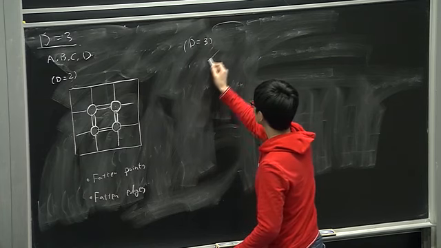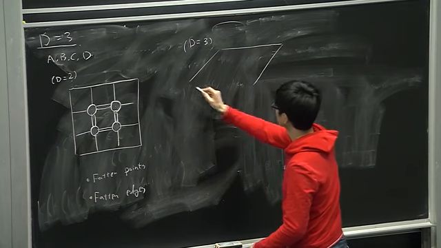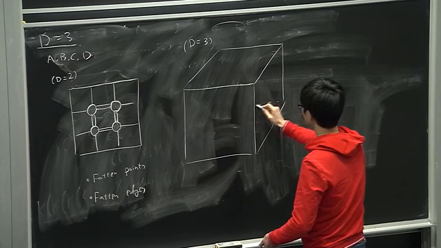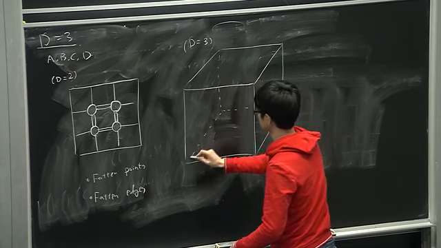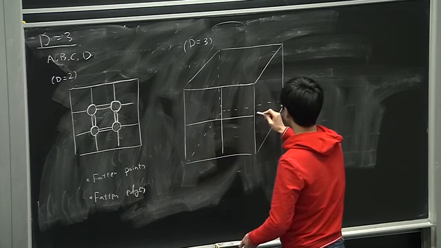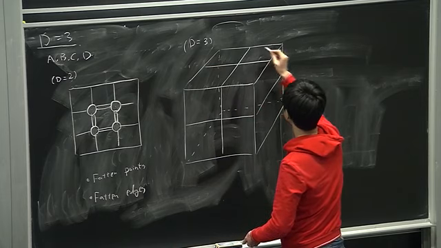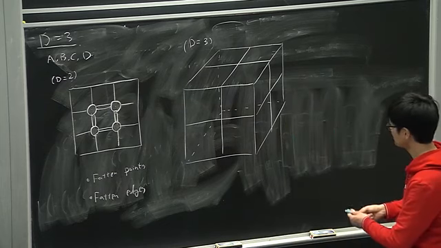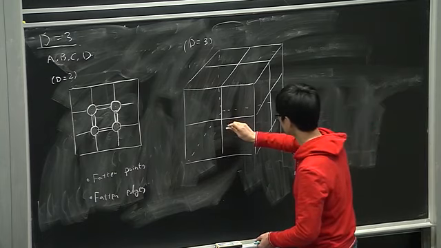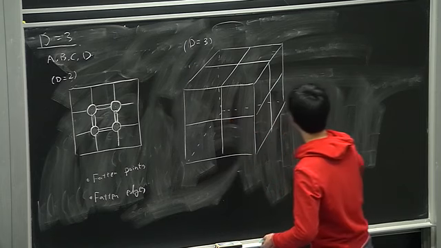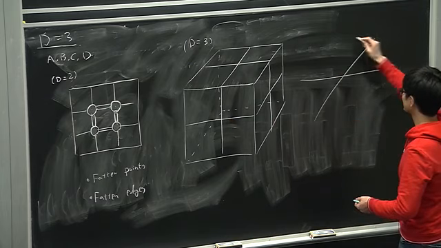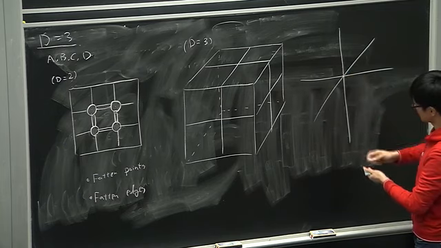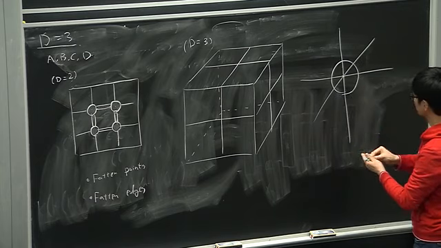So in three spatial dimensions, what we should do is draw a three-dimensional grid. This is approaching the limit of my drawing ability, but first, let me just pick up this point. We have this zero-dimensional point, and here you put some sphere.